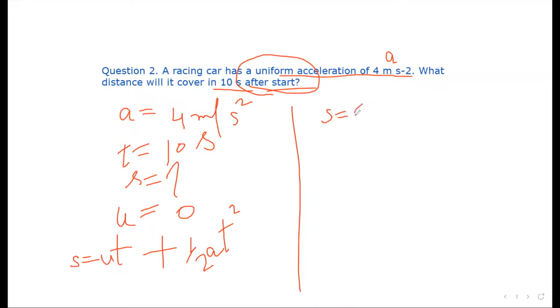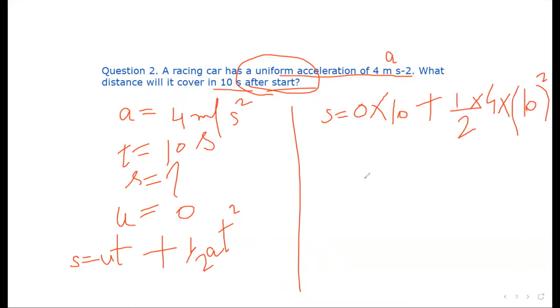What is u? 0. 0 into t. How much is t? It is 10 seconds. Plus half, half a. What is a? That is 4, into t square. t is again 10, so we will make the square of 10. That is t square here.